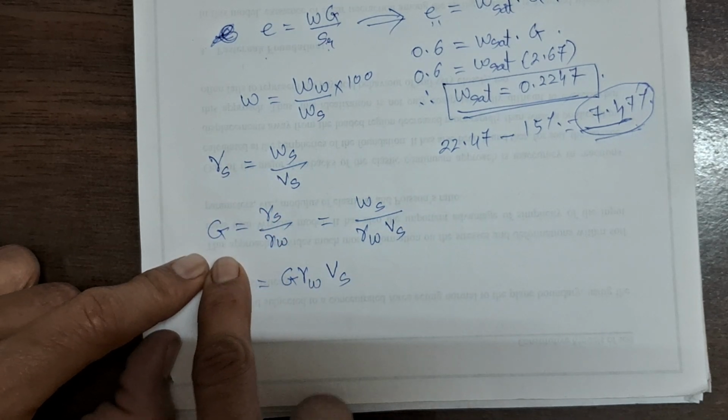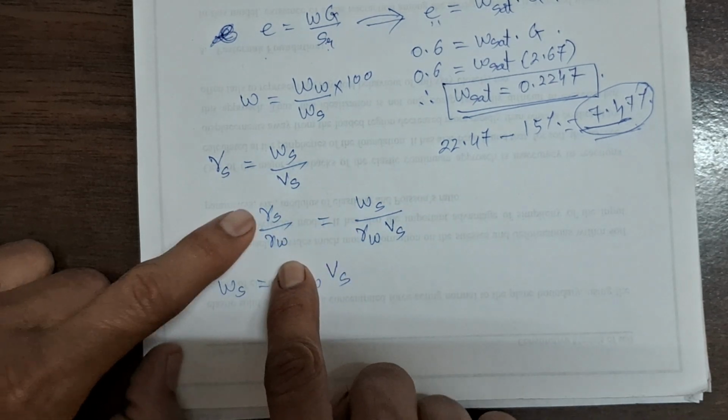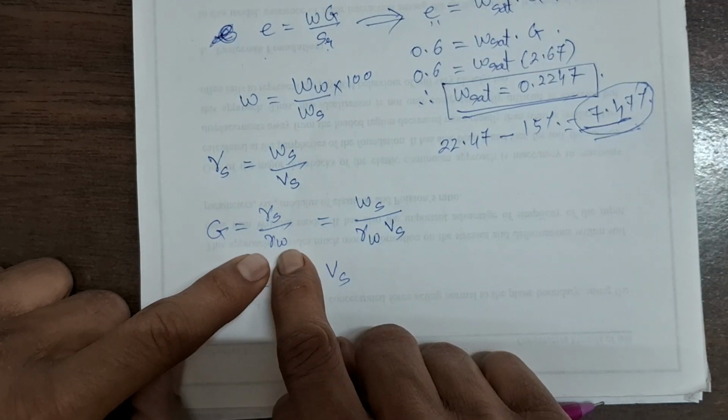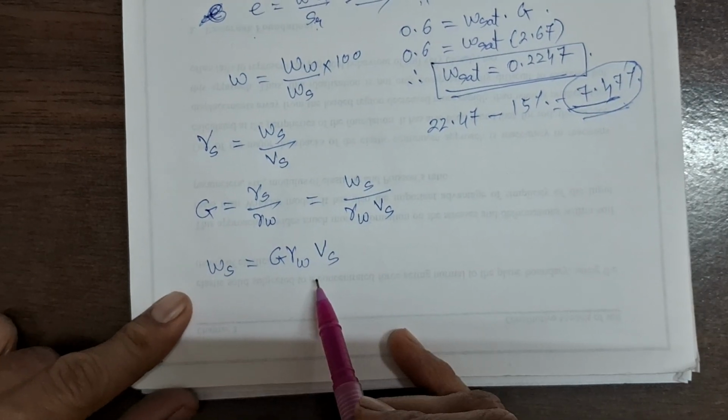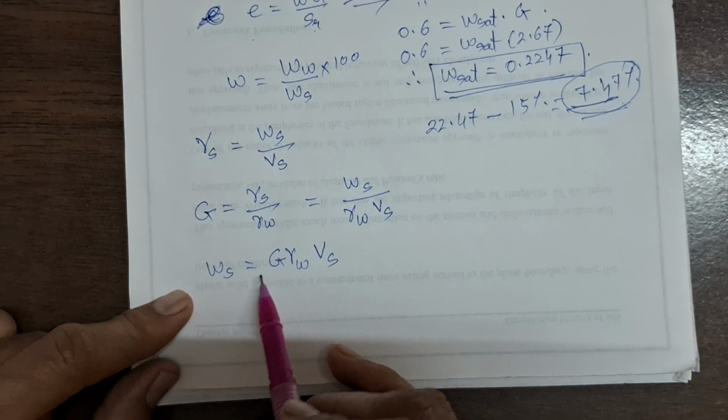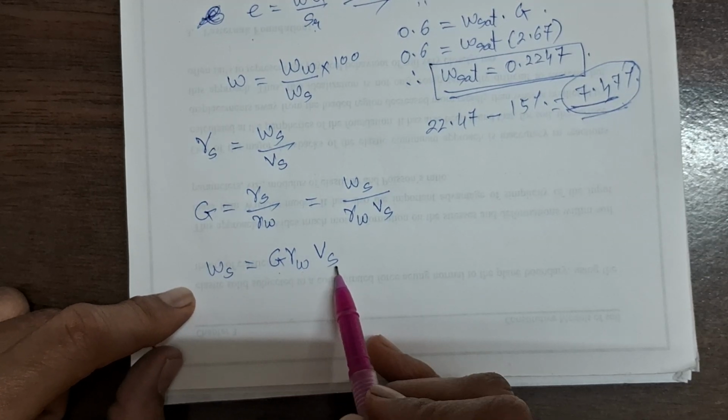And G is gamma S upon gamma W. So by substituting we get the formula Ws is equal to G gamma W into Vs.